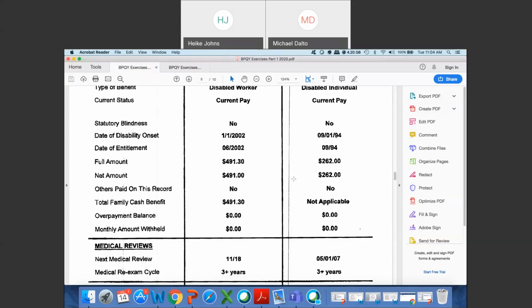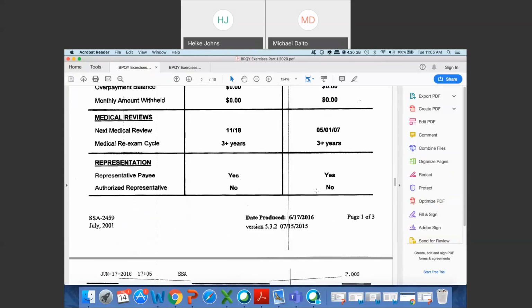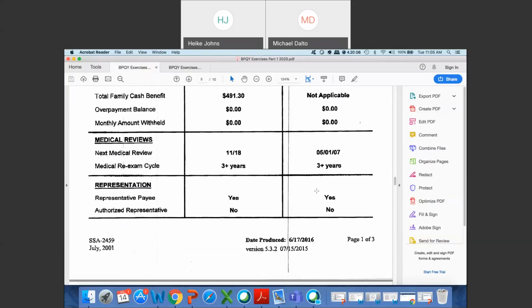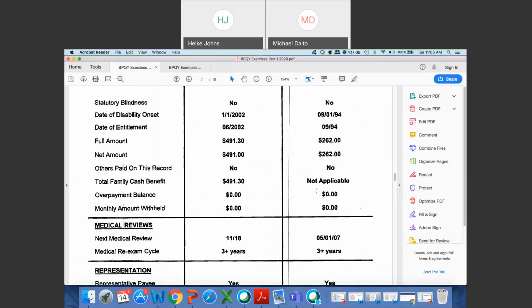See their benefit amount, 491 SSDI, 262 SSI. Add the two together, you get 753. That's what you would expect because the SSI federal benefit rate in 2016, the year this BPQY was produced, was $733 a month, and a concurrent beneficiary who gets SSDI and SSI and no other income would generally have a total benefit, adding the two benefits together, of $20 more than the SSI federal benefit rate, namely $753 a month.